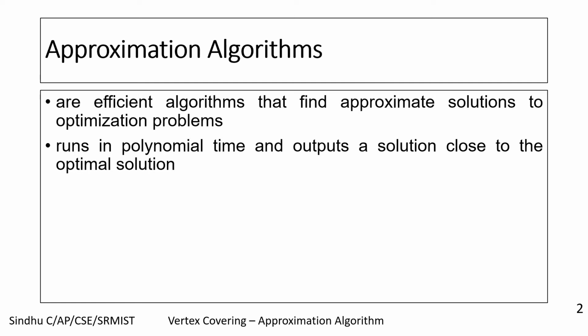So, for example, standard NP-hard problems like the traveling salesman problem, where we find a minimum cost tour of all cities, and even this vertex cover, where we find the minimum set of vertices that covers all the edges in the graph.